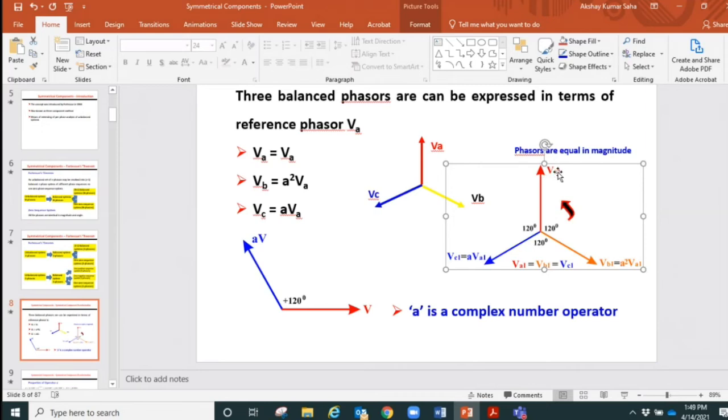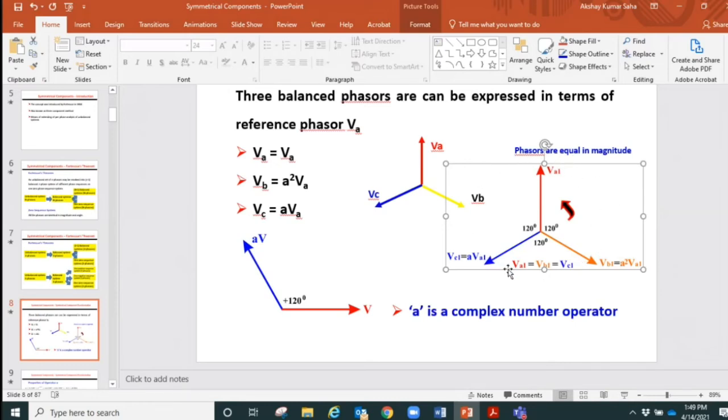So VA1 is the voltage for phase A, and we choose VA1 as the reference. The magnitudes are the same, and they are displaced by 120 degrees. So when we resolve the unbalanced voltage phasors using Fortescue's theorem, this is what we get for the positive sequence components, and we show them in the phasor diagram.